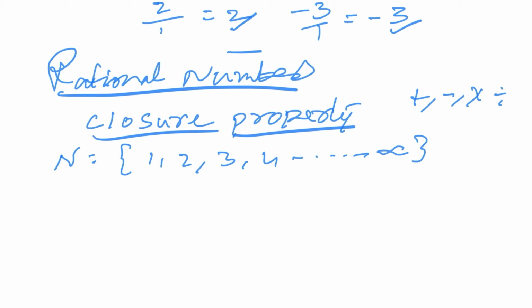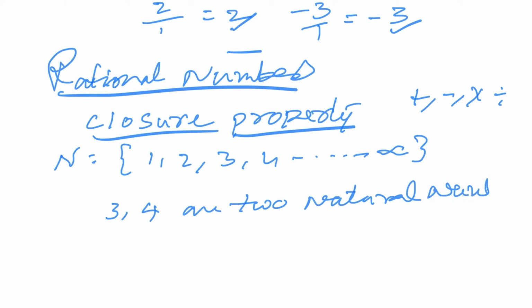Take any two natural numbers, whatever you like. 3 and 4 are taken. 3 and 4 are two natural numbers. With respect to addition we are discussing.